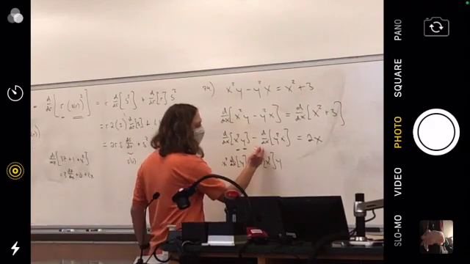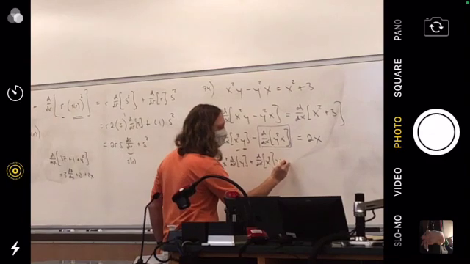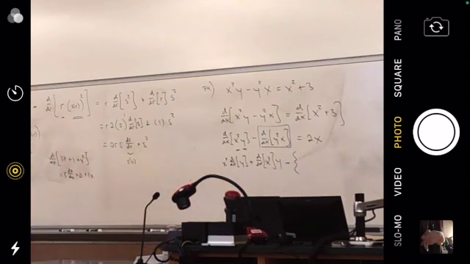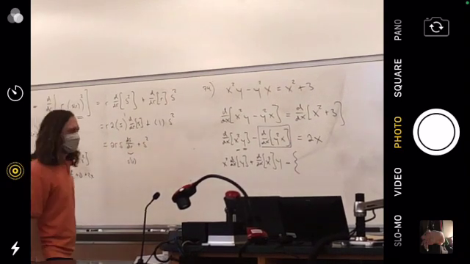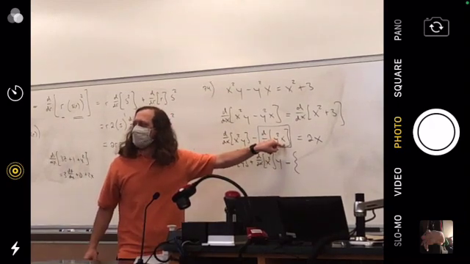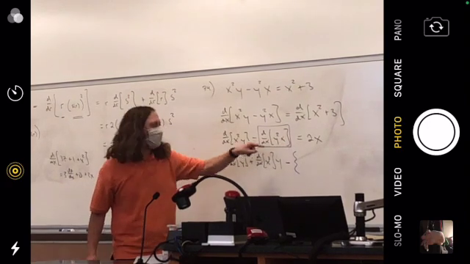And then what about this one? I would get minus, and then what do I need here? Y squared times x, right? So I have something times something else, y squared times x. I still need the product rule. Right.